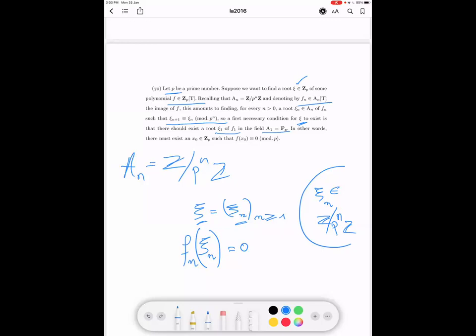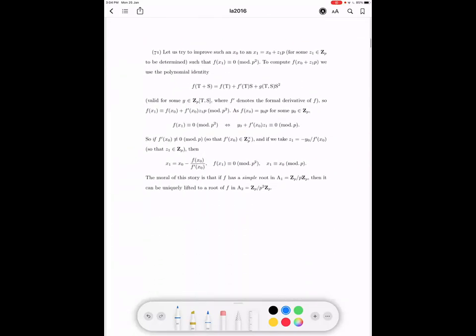See, a root of f is some x naught such that f of x naught is divisible by p squared, by p cubed, and so on. Because the only p-adic number which is divisible by p squared, p cubed, and so on is the number 0. So a necessary condition for a root to exist is that there should be an x naught such that f of x naught is equal to 0. Okay.